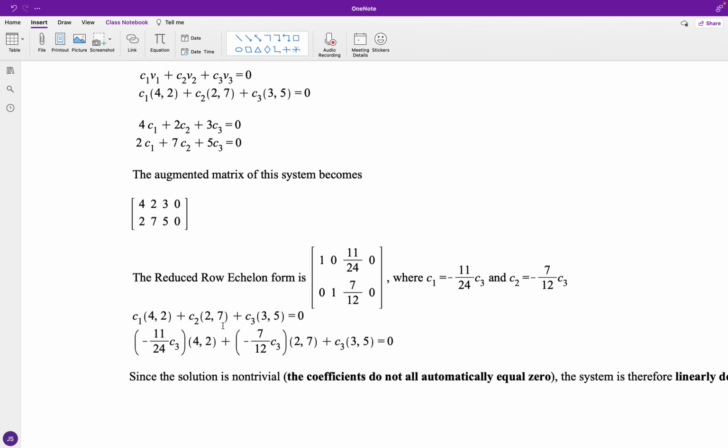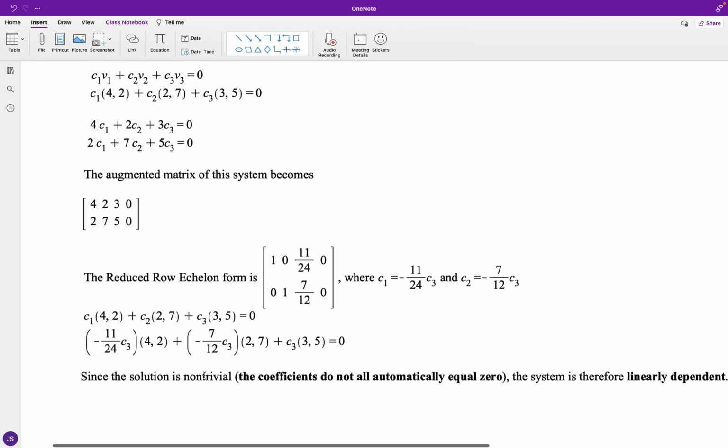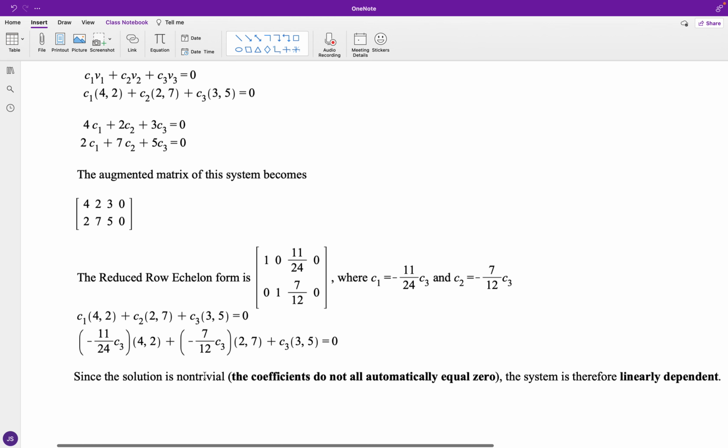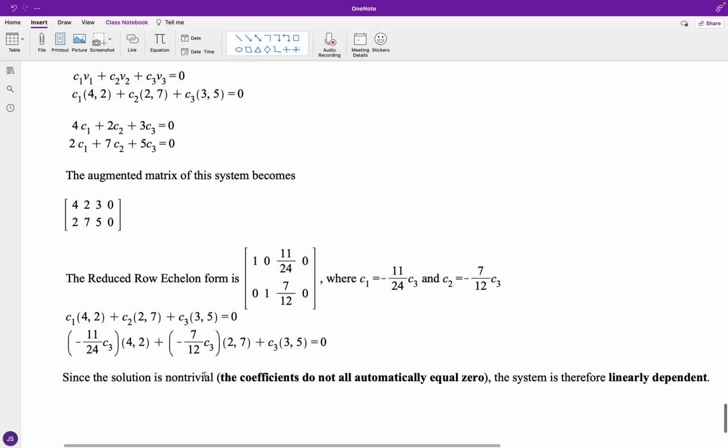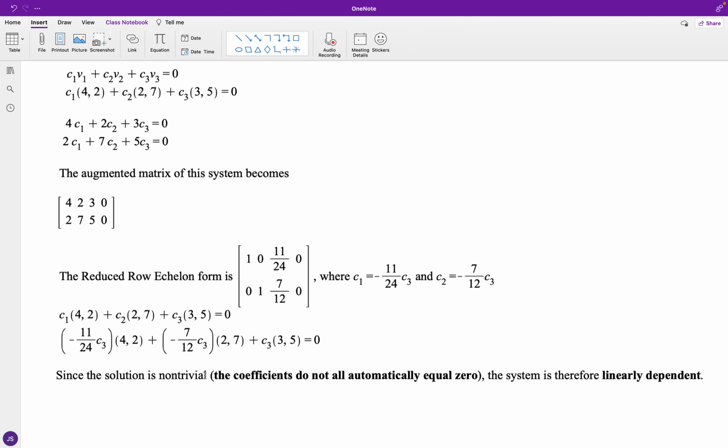Going back to the initial setup, substituting in terms of c3, we have negative 11/24 c3 times (4, 2) plus negative 7/12 c3 times (2, 7) plus c3 times (3, 5) equal to 0. Since the solution is non-trivial, the coefficients do not all automatically equal 0, and we therefore have the set linearly dependent.